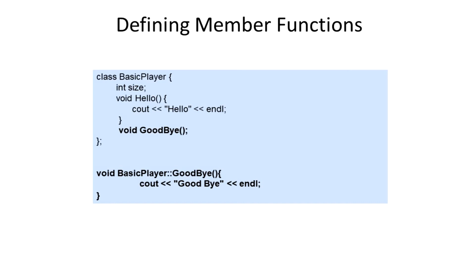Just in case there's a duplicate function in a different class, we need to define what scope we're referring to, which class this function is residing in, and which one we want to call. Okay, so just remember that syntax when you come to define member functions outside of the class it's declared in.